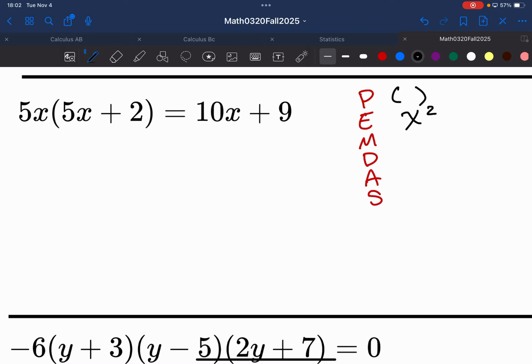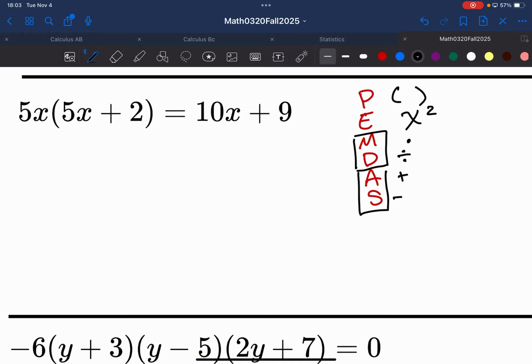What's M? Multiply. D? Divide. A? Add. S? Subtract. So when you think of PEMDAS, these can be interchangeable. It doesn't mean you do multiply then divide, whatever comes first. And same with addition and subtraction, whatever comes first.